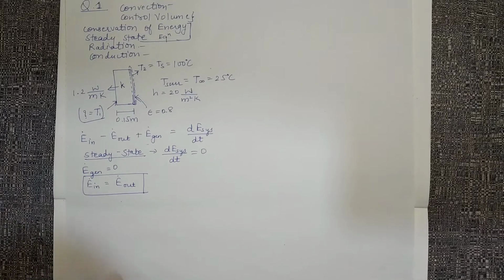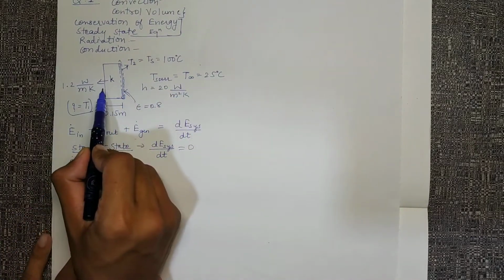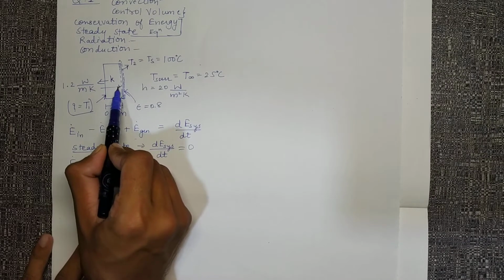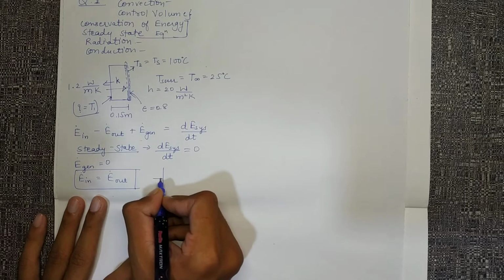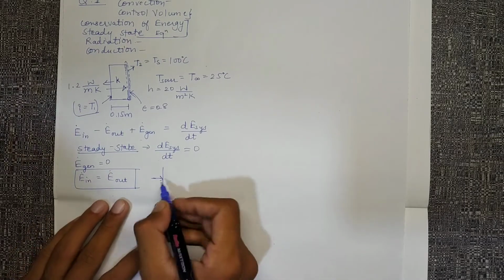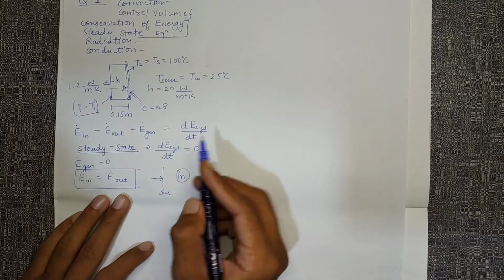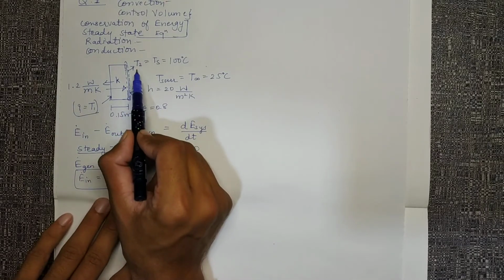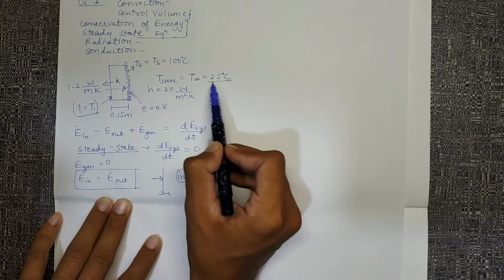What is coming in now? Whatever is conducted from here is coming towards the surface. This is the surface now. Whatever is coming from the left towards the right is coming into the surface. Over here we know that the surface temperature is higher than the mean temperature of the surrounding, which is 25.